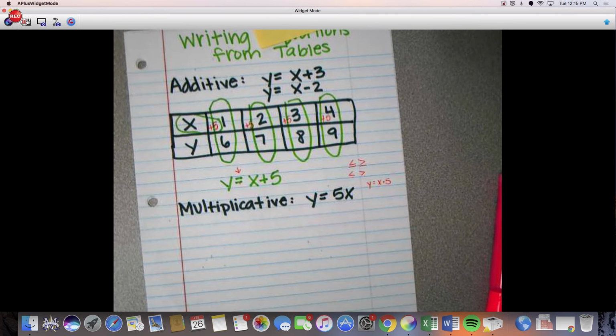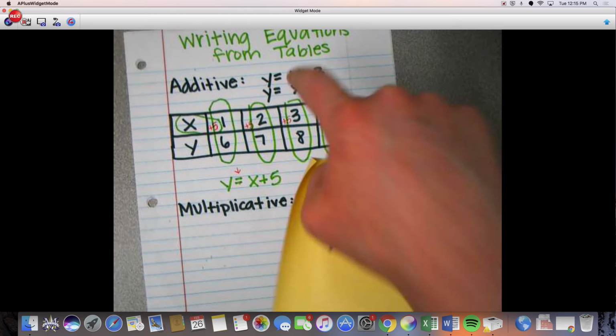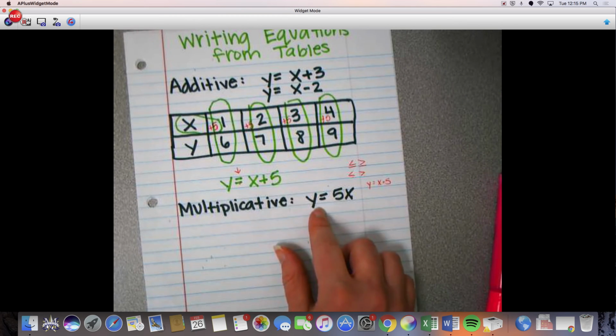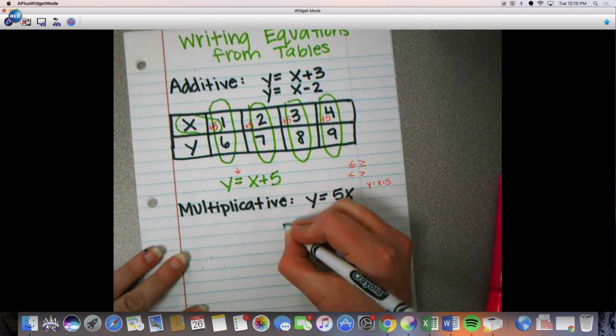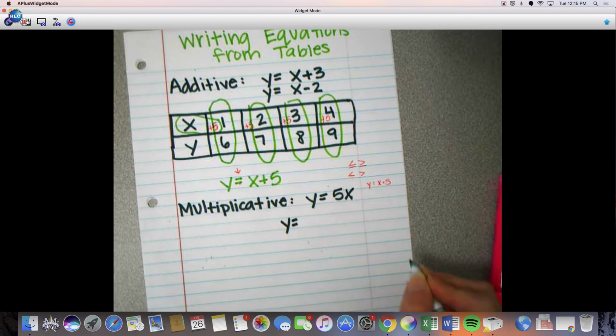The same is true for division. So if we know that additive can be adding or subtracting, then a multiplicative relationship can be multiplying or dividing. So we could write a division equation one of two ways.